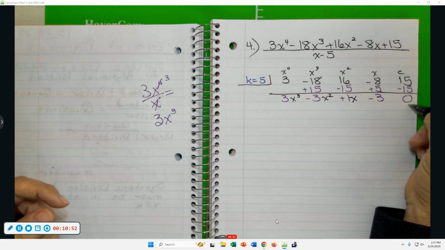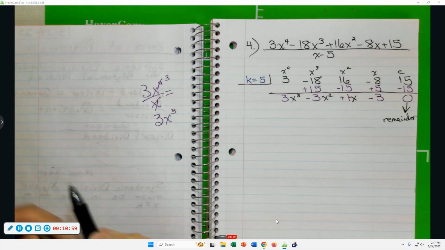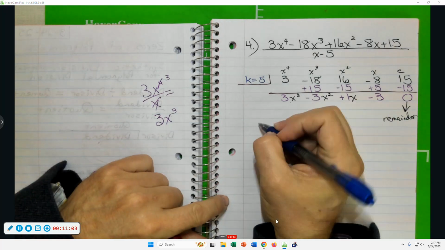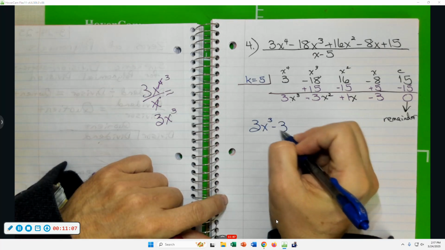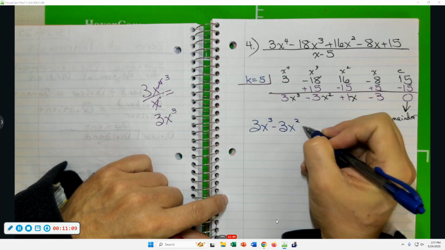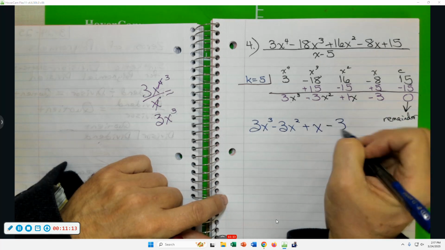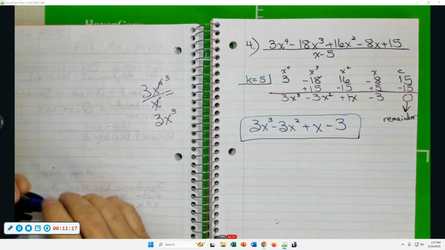This number here is the remainder. So the quotient is 3x cubed minus 3x squared plus 1x, I'll just write it as x minus 3 for my final answer.